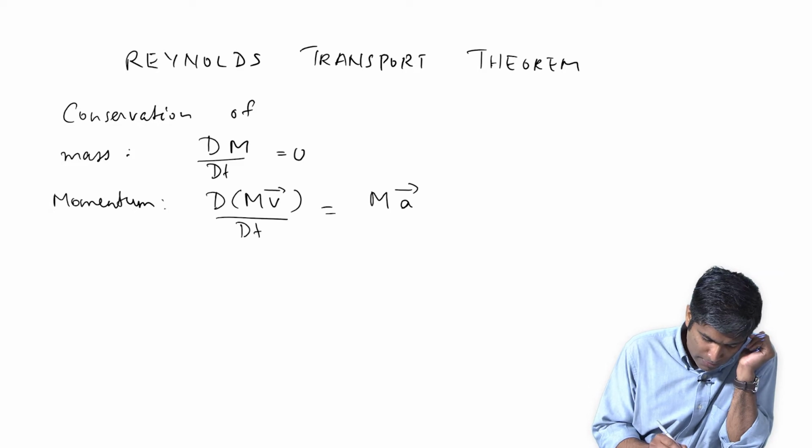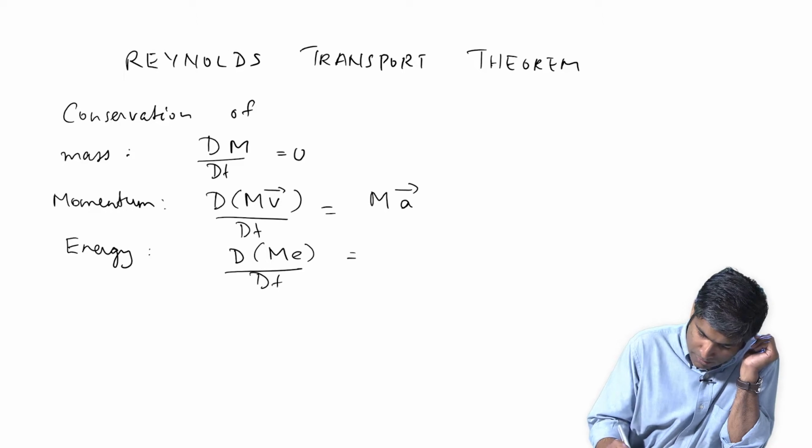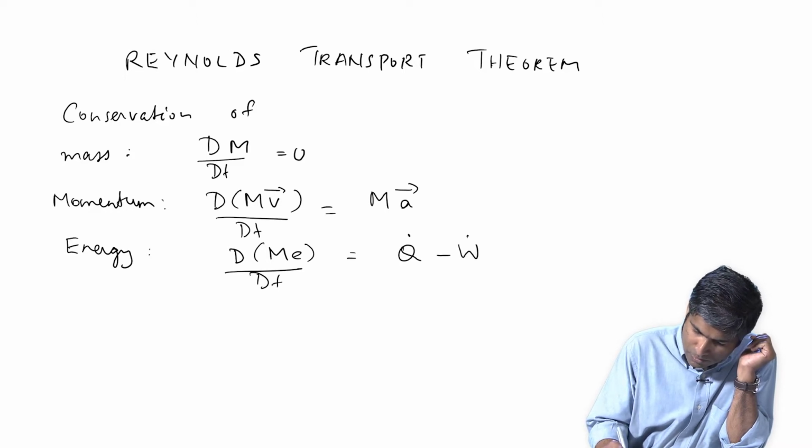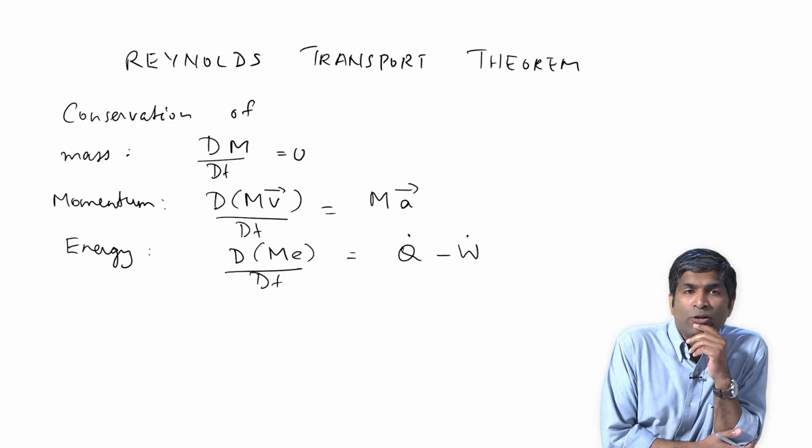And I could equally well write a conservation law for energy, which would be D(me) by Dt is the sum of the net heat and work terms acting on the system.